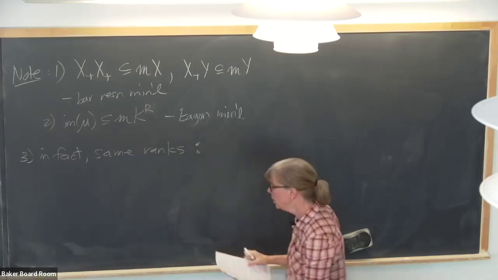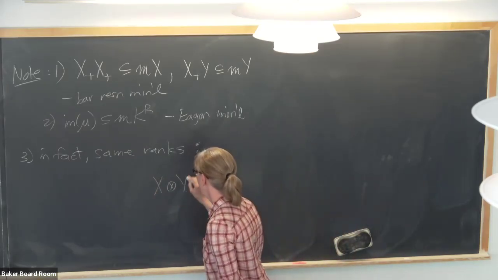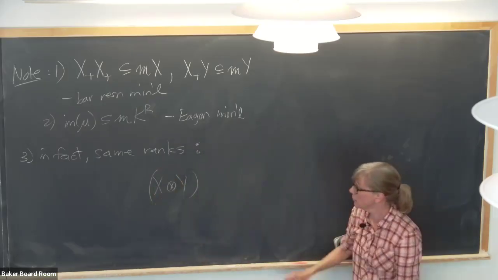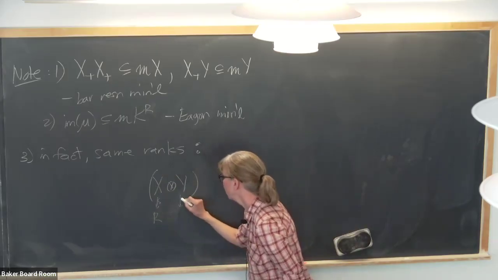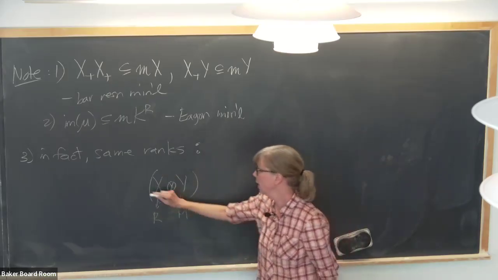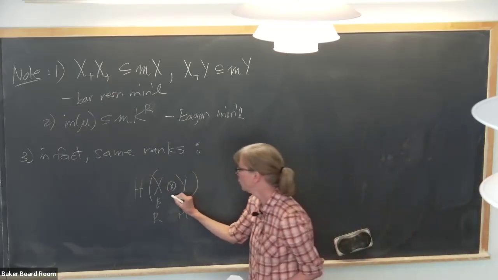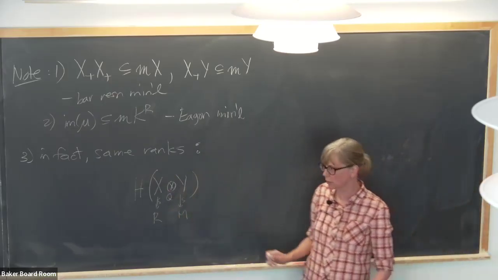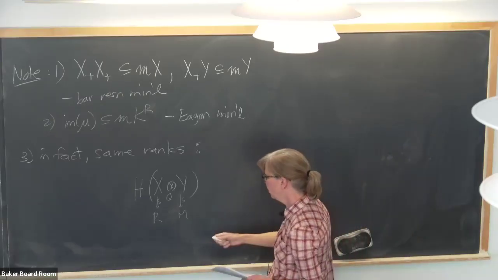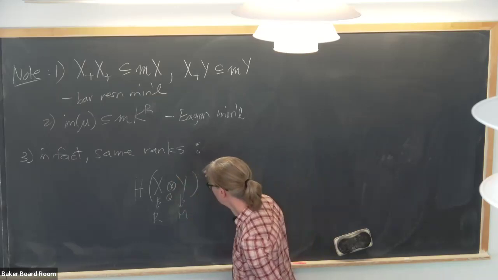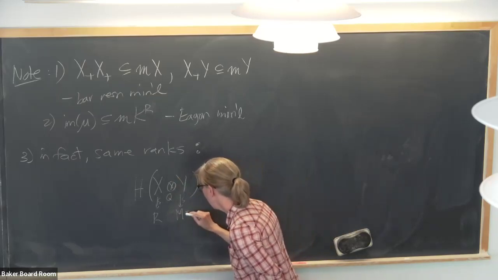All right, so let's look at X tensor Y. X is a resolution of R, and Y was a resolution of M. If we take the homology, we're just computing a Tor. This is tensored over Q; these are all Q resolutions. One of these is a Koszul complex. M is K, which is K for us.